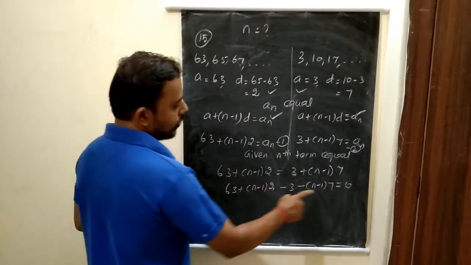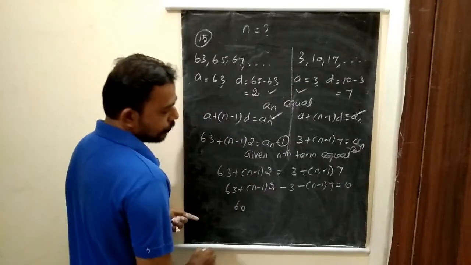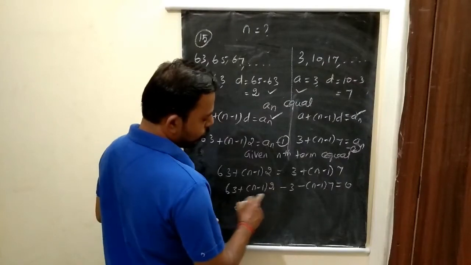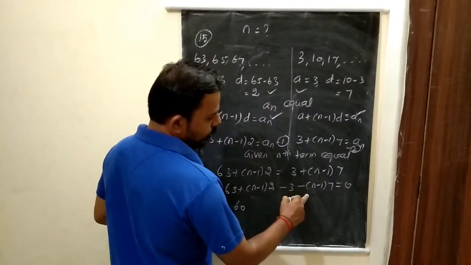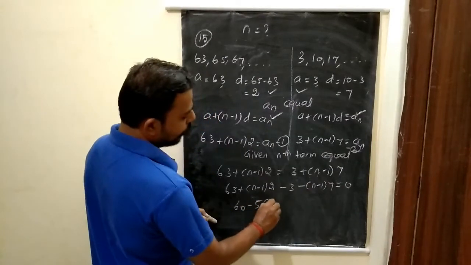Now 63 minus 3 is 60. Then (n minus 1) into 2, minus (n minus 1) into 7: 2 minus 7 is minus 5. So minus 5 (n minus 1).